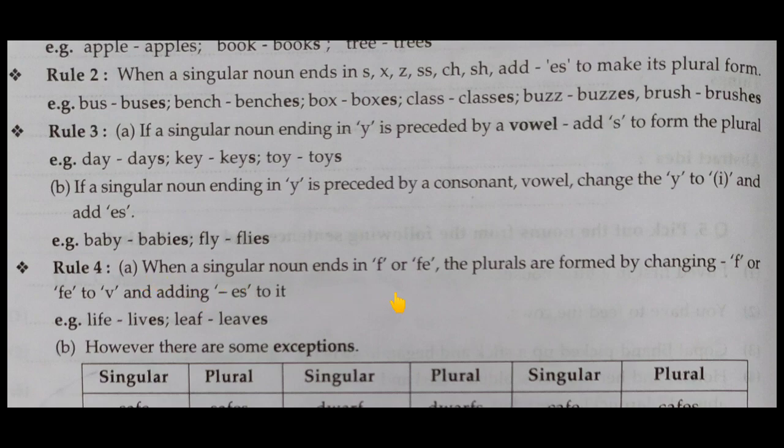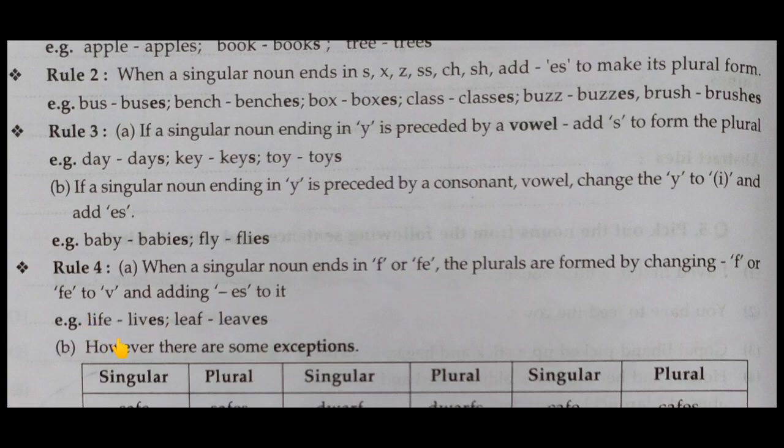its plural form is formed by changing f or fe to v and adding es to it. So here, what is the word? Life. It is ending with fe. Okay.